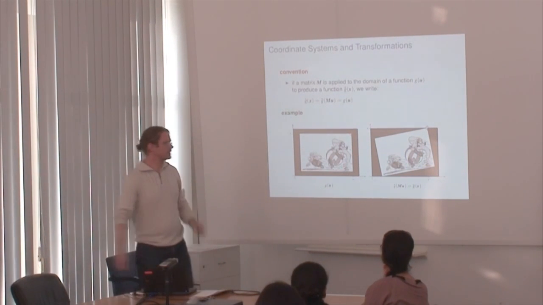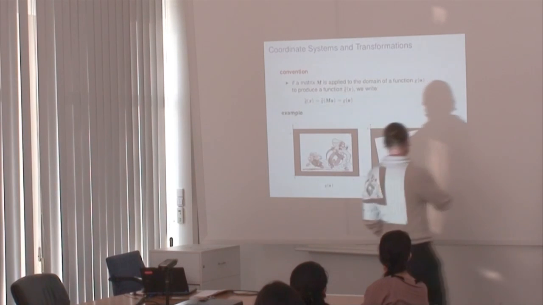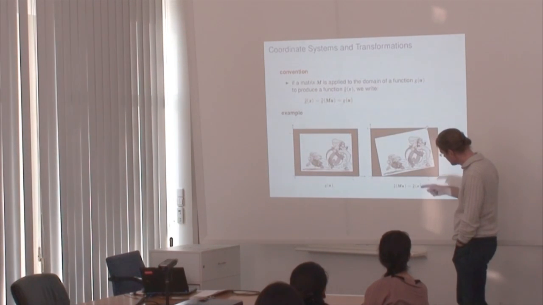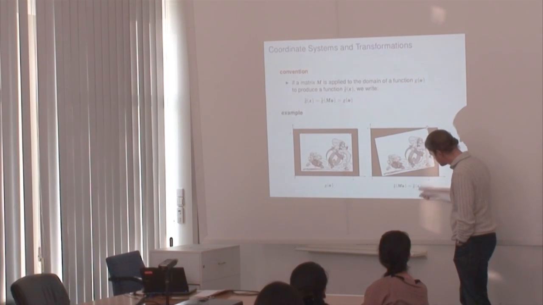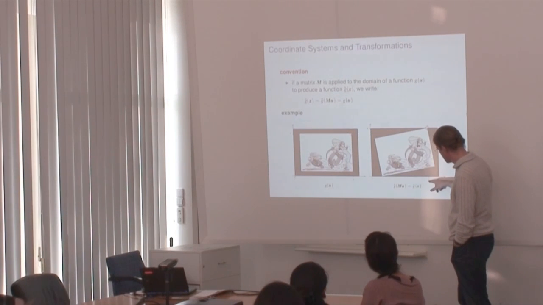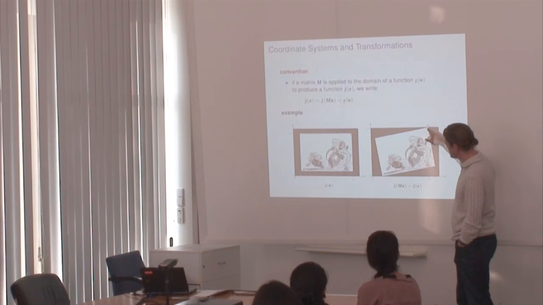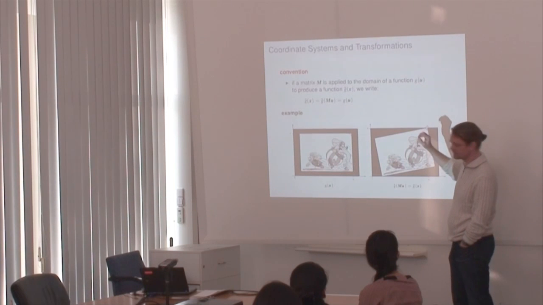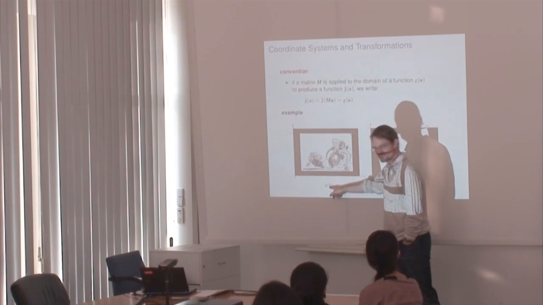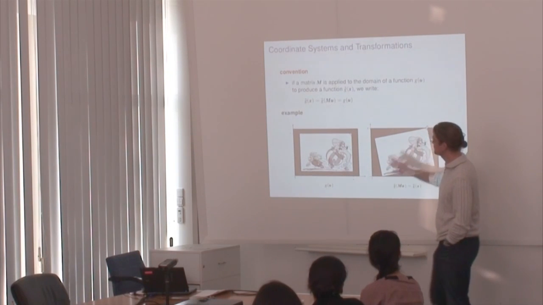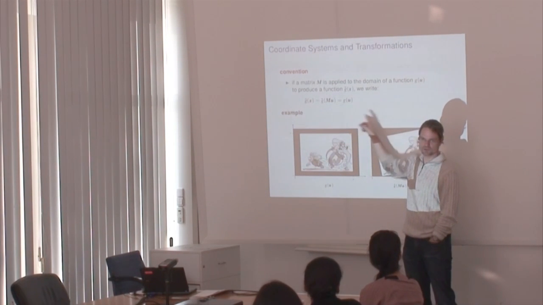But note that, again, I have singled out a point here, x and y, that for this function, at this point, it has the same value, a white pixel, as this function at this point. This is what I want to express with this equation.